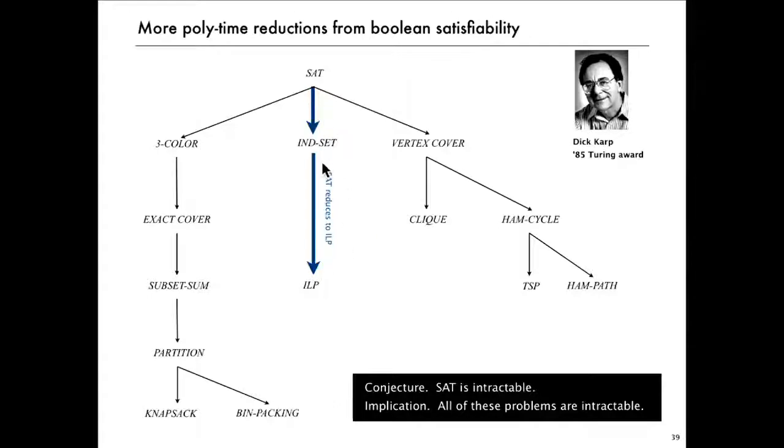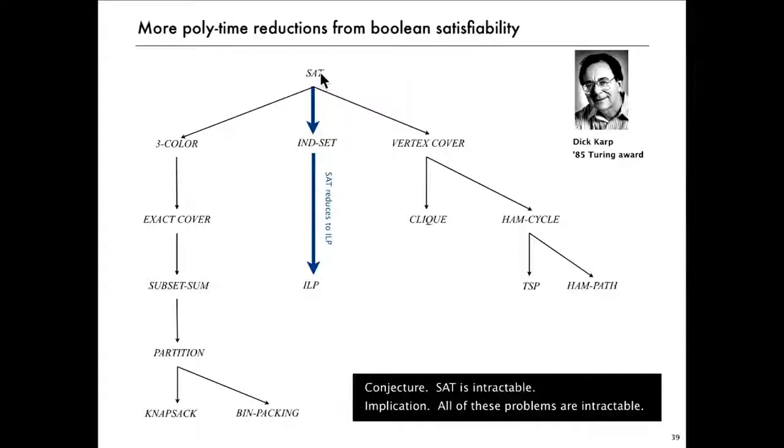But if you do 2 reductions, it still works. If I could solve ILP quickly, I could solve independent set quickly, and then I could use that to solve SAT quickly. So if you can reduce any problem on this set to your new problem, then that's like proving that SAT reduces to it.